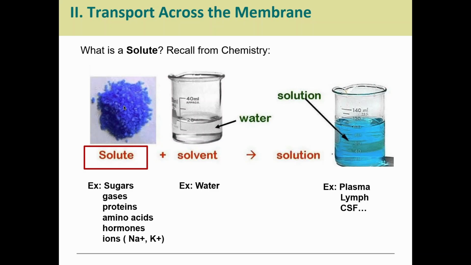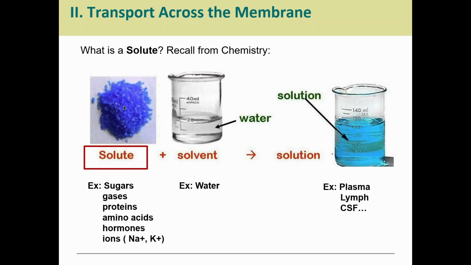Now, obviously, salt is not the only solute. We see a lot of examples. It can be anything that's going to dissolve in that water. So hormones, ions, amino acids, proteins, gases, sugars. All sorts of stuff can be dissolved into our solvent, which for the most part is going to be water.